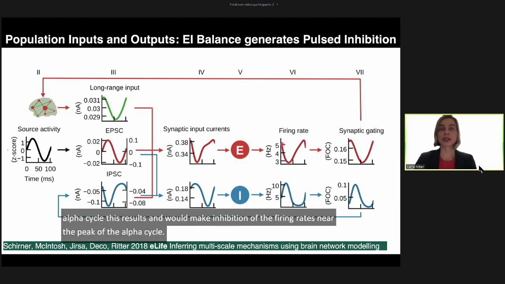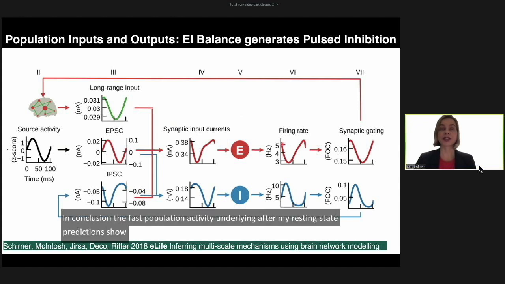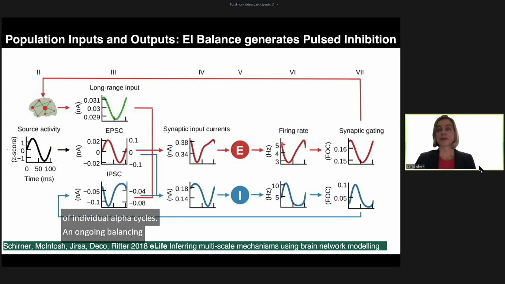In conclusion, the fast population activity underlying fMRI resting state predictions show a rhythmic modulation of firing rates on the timescale of individual alpha cycles. An ongoing balancing of excitation by feedback inhibition generates this pulse inhibition of the firing rate.